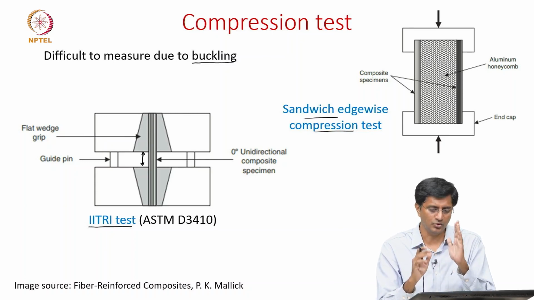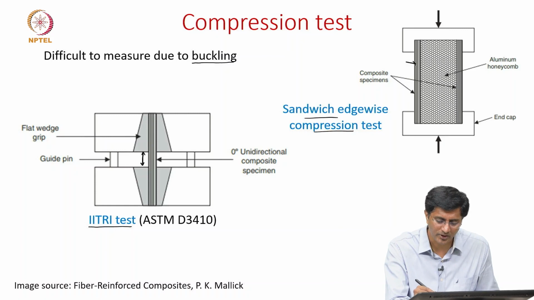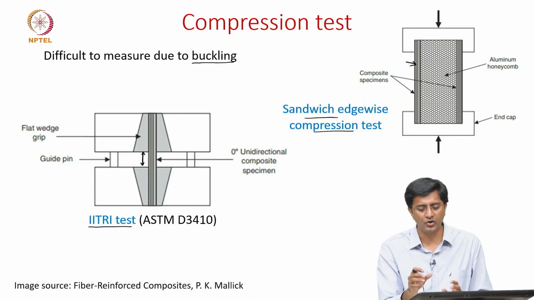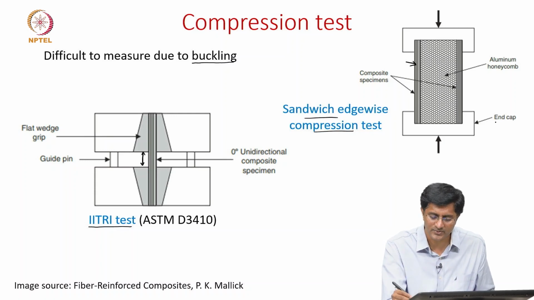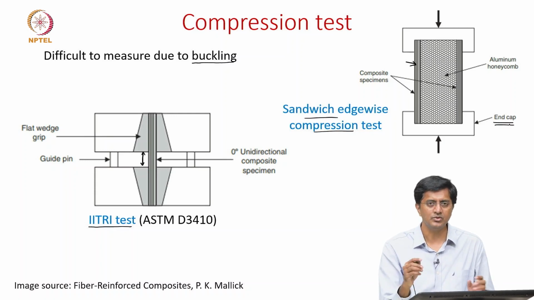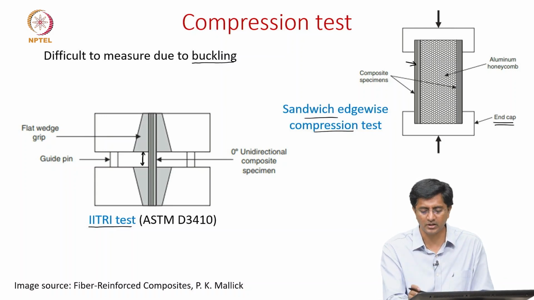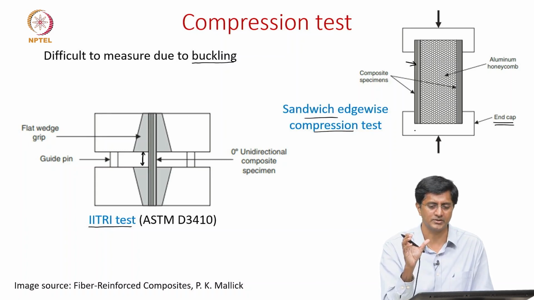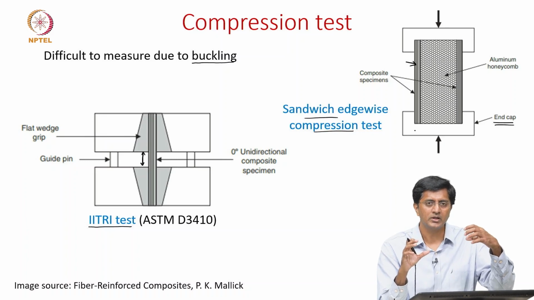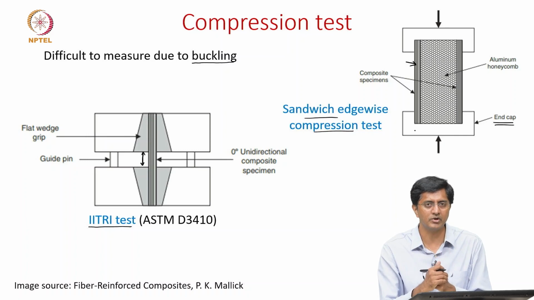So essentially, though we are interested in the laminate, we also add this honeycomb so that it avoids the buckling. And then there are these end caps as well. What do these end caps do? First, they ensure that these two laminates as well as the aluminum core are tightly held together, and it helps in applying the loads. It also ensures that there is no opening at the edges. So with this, we avoid the other failure mechanisms before we learn the compressive behavior of these laminates.